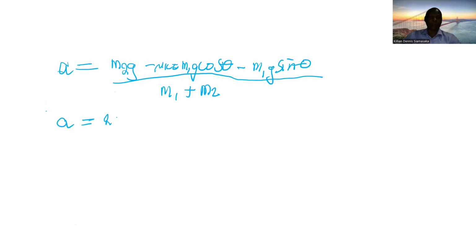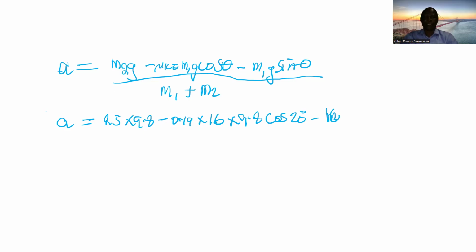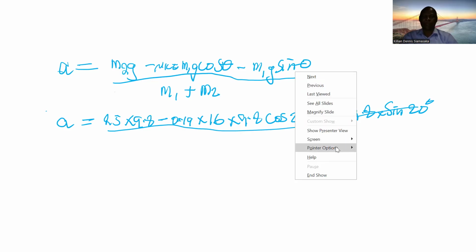Mass 2 is 25 multiplied by 9.8, minus 0.19, the coefficient of kinetic friction, multiplied by mass 1, which is 16, multiplied by 9.8, the acceleration due to gravity, cos 20 degrees, minus mass 1, which is 16, multiplied by 9.8 multiplied by sin 20 degrees.